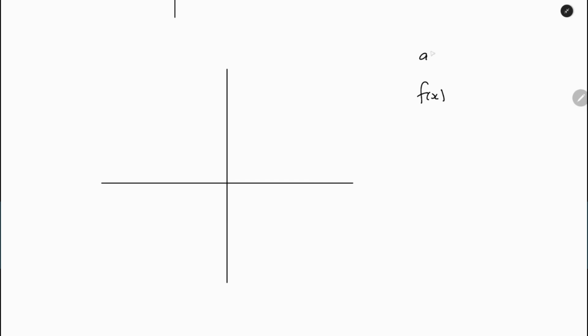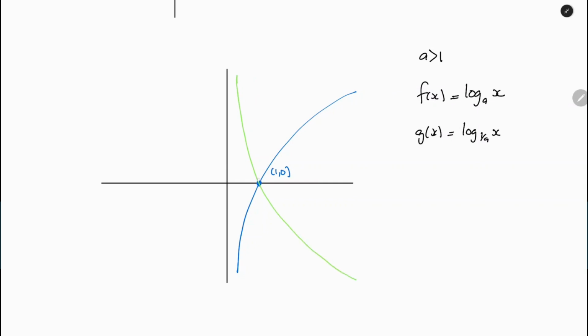Again, we say a is greater than 1. f of x is equal to log base a of x, and let's say g of x is equal to log base 1 over a of x. f of x is going to look like this, and that's at the point 1, 0. And in this case, g of x was going to look something like this. Again, at that point 1, 0, y-axis, x-axis.